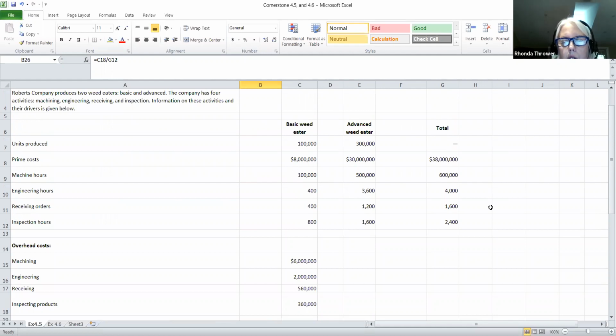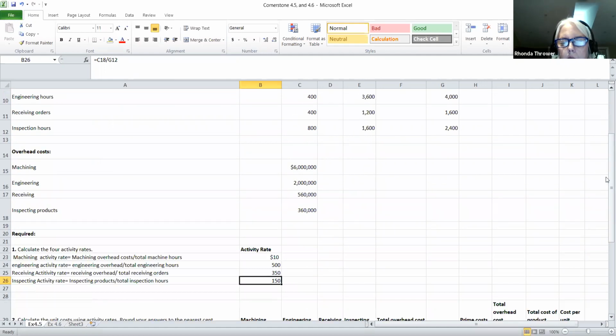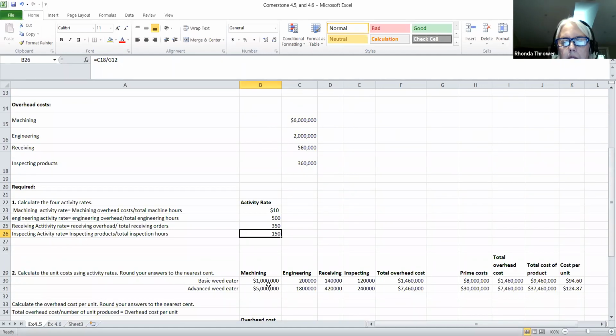So 100,000 times $10 is how we're getting the $1 million in machining costs that are associated with the product basic weed eater. So each one of these activities is going to show up in the weed eater products.